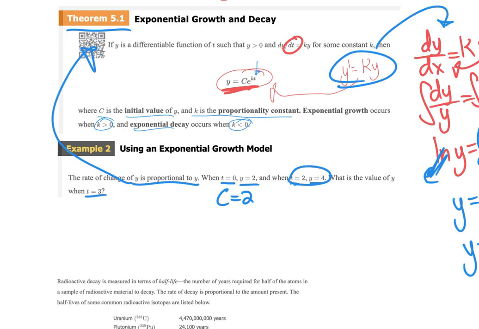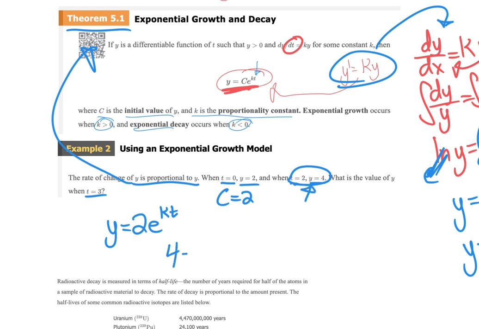So let's use this part here. So far I have y equals 2e to the kt. Now we need to find k, our proportionality constant. So what we do is we use our second set of values.